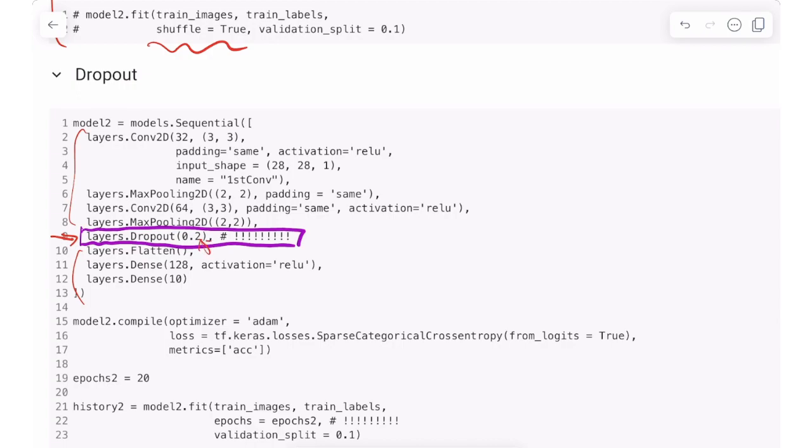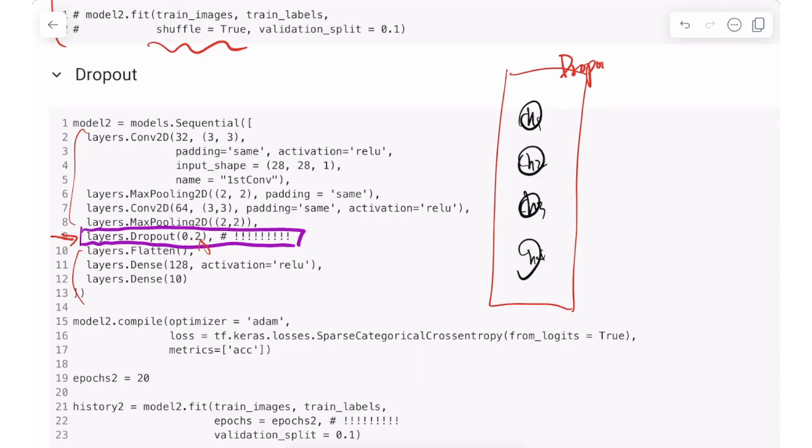The 0.2 means that if we apply dropout to some neurons right here, then when the neurons output to the next layer, there is a 20% chance, that is 0.2, that the neuron will not output data to the next layer, and it is performed randomly.